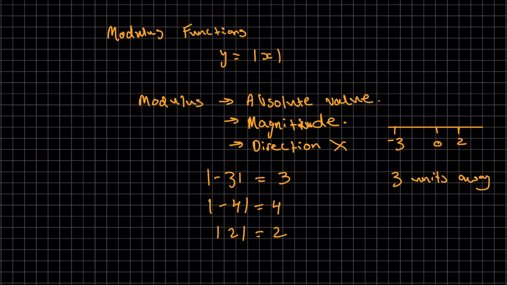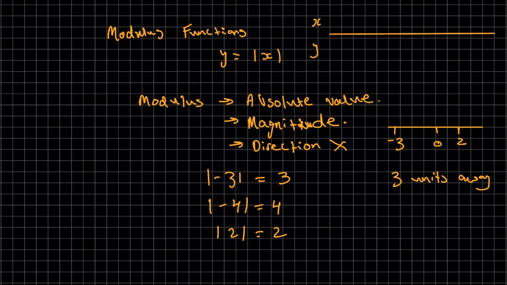Alrighty, now that we have an understanding of what modulus means, we can try to determine what a modulus function would look like. The best way to explain this would be to go back to our coordinates. So let's try to substitute in values of x and determine our values of y to graph this first function.